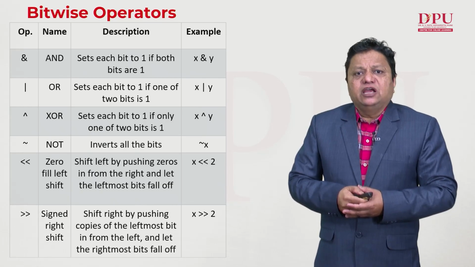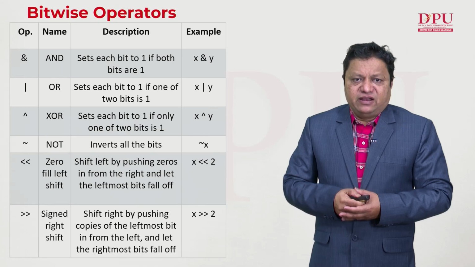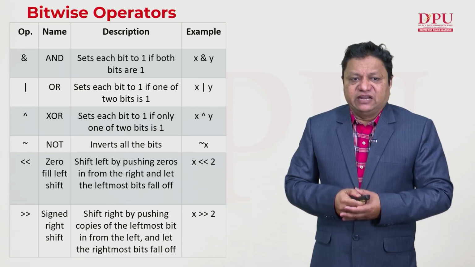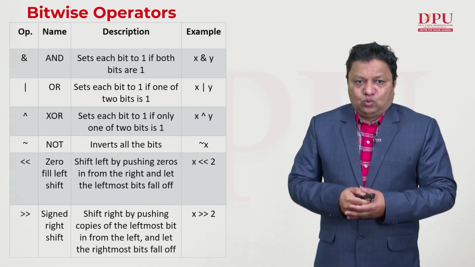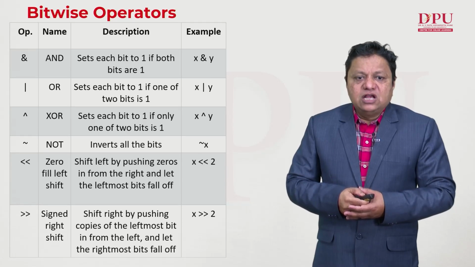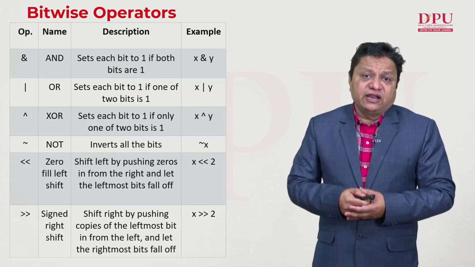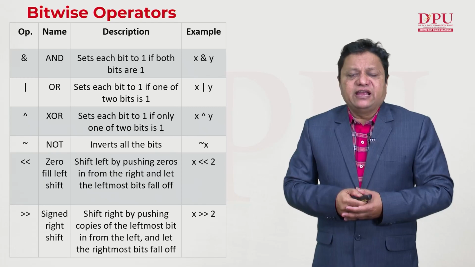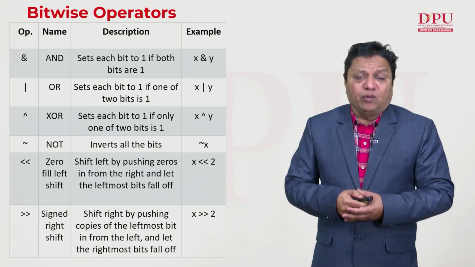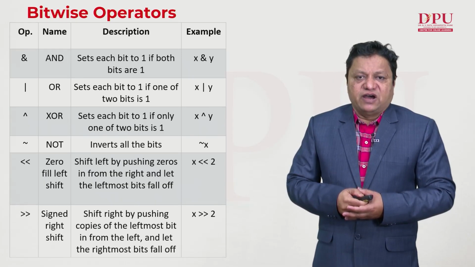For example, if X contains 1 and Y contains 1, then it returns true. In the same way, OR sets each bit to 1 if one of the two bits is 1, either X is 1 or Y is 1. In that case, the OR operator returns 1.